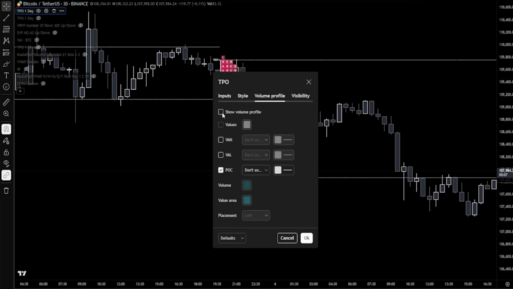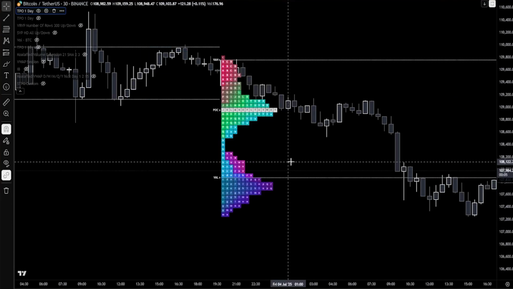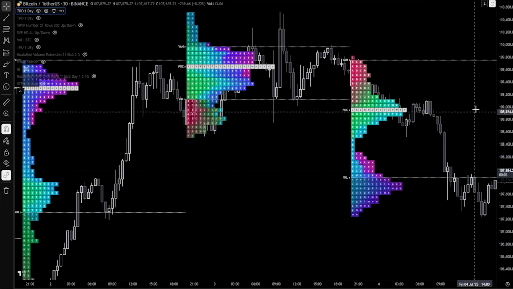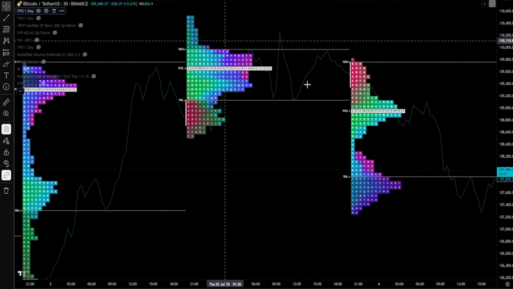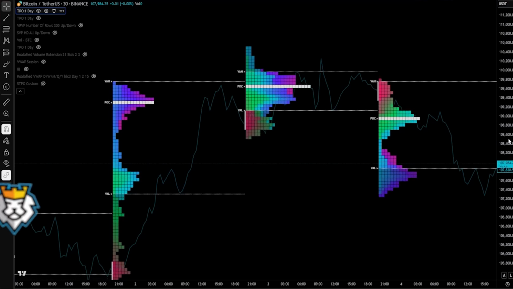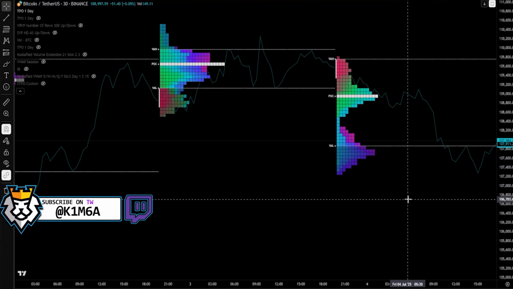So turning off our volume profile, let's just look at the profiles with very little other noise.